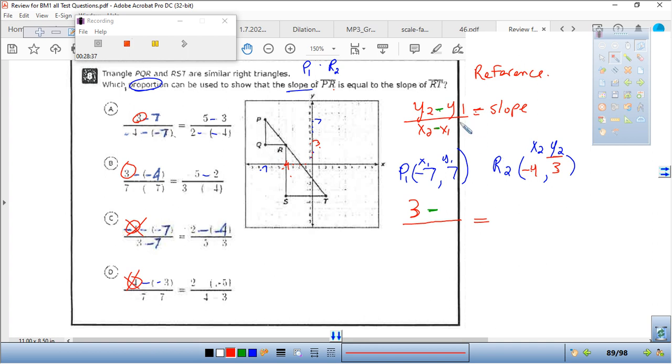And Y1, what is Y1? Let me make sure, it's 7. That's good. 3 minus 7. Check, there's my answer. Wrong here. And there it is, that's how easy it is. Really easy, really basic.